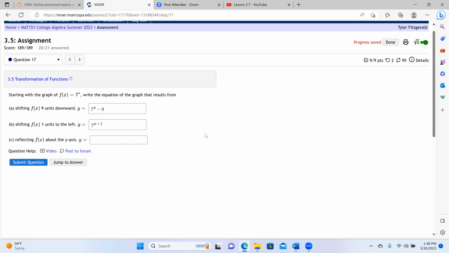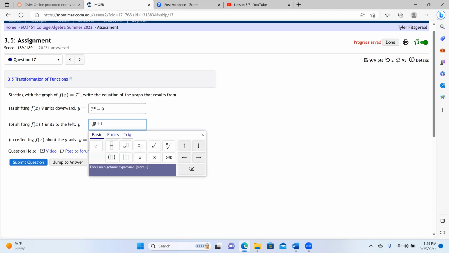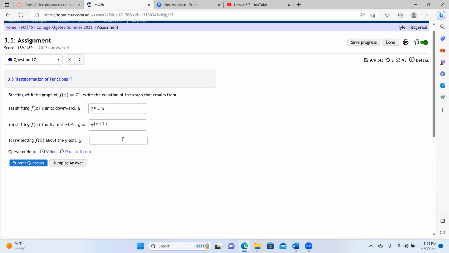The system just requires you to do it that way. So whenever it's moved to the left or right, it's always adding or subtracting from x, regardless of whether that's in the exponent or in the parentheses. If you put the exponent in parentheses to start, which is a little weird, you know to do plus or minus inside parentheses there.